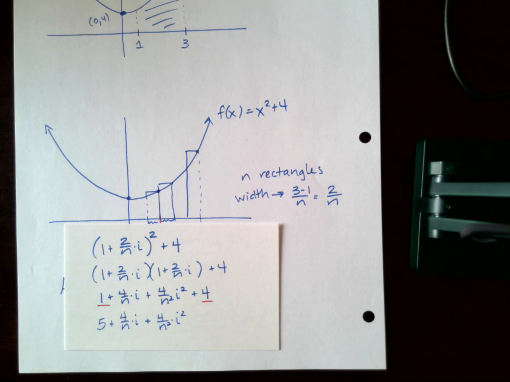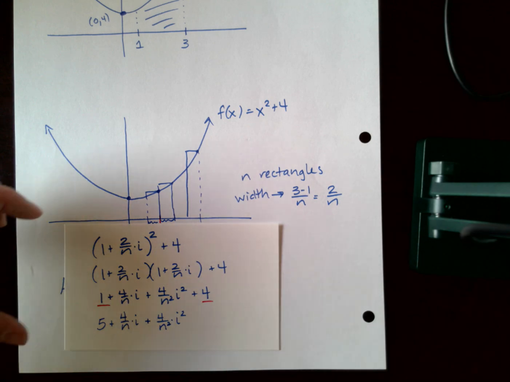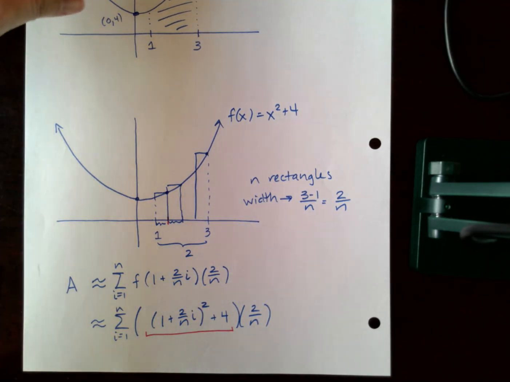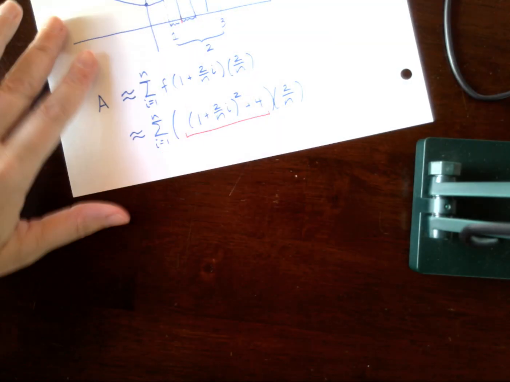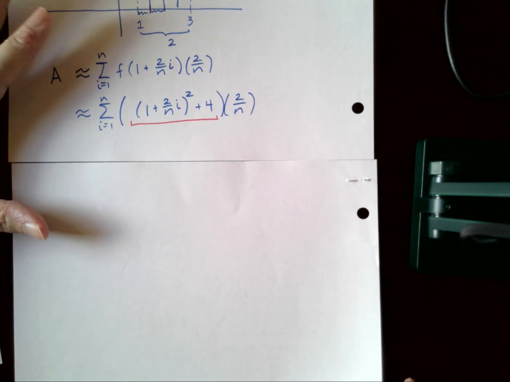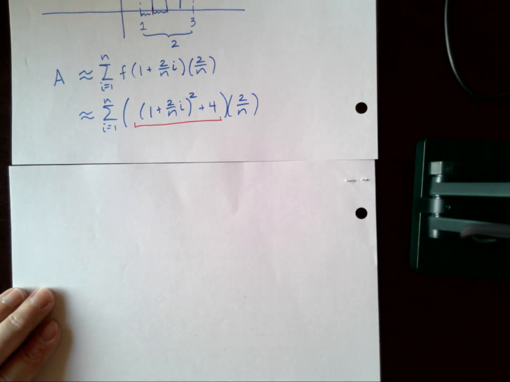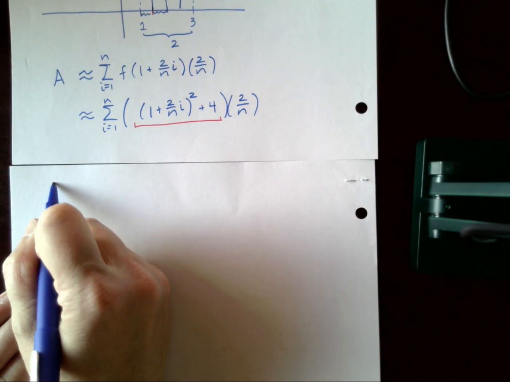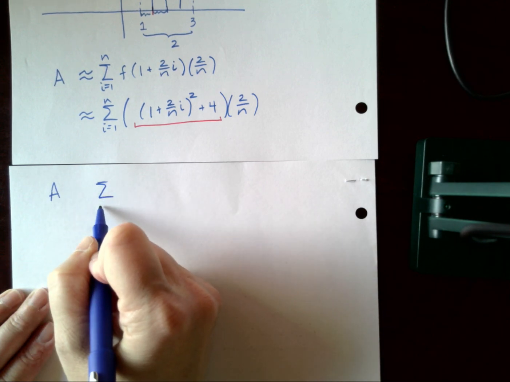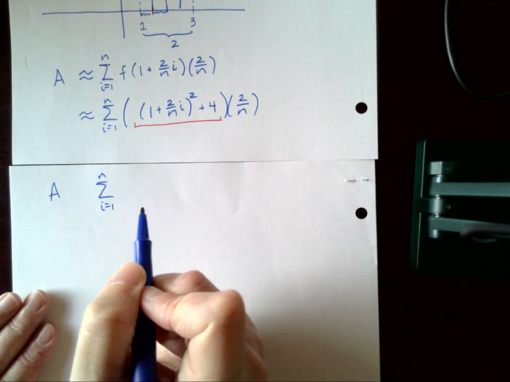So let's take that back to our approximation for area. And let's keep going. So I'm going to move this up. All right, so still area, big sum, i is 1 to n.